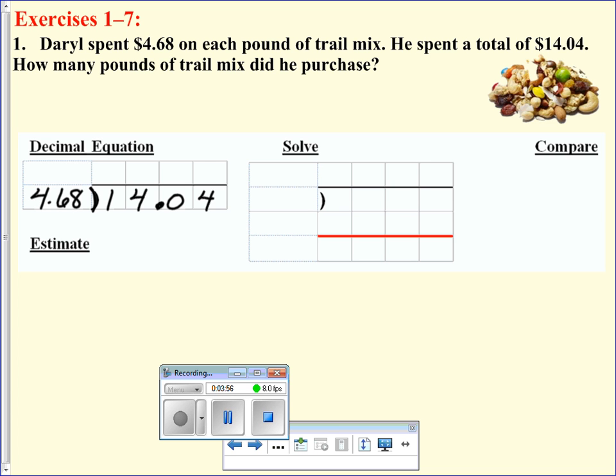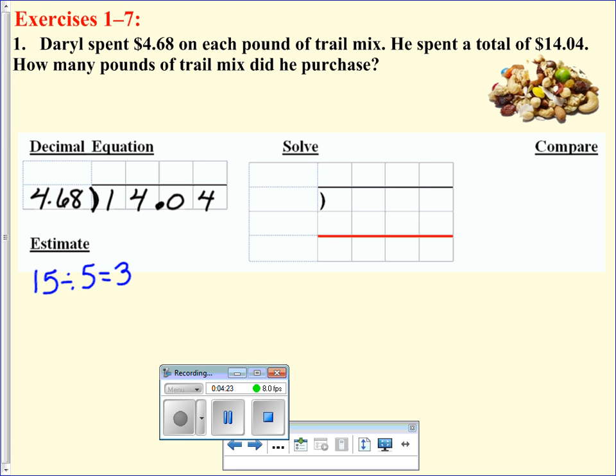Now we can break the rounding rules. We can break the rules and round to compatible numbers. Use numbers that divide more easily. So what could we estimate those numbers to? If it's about $5 a pound, he spent about $15, so I would estimate that as 15 divided by 5 equals 3.